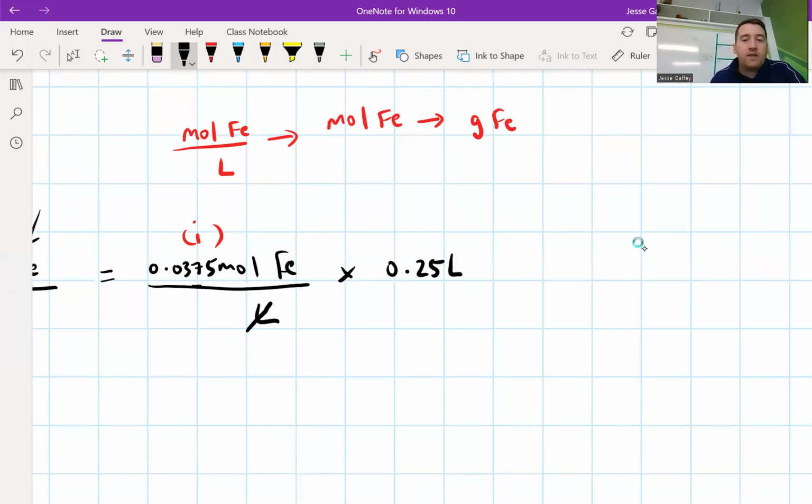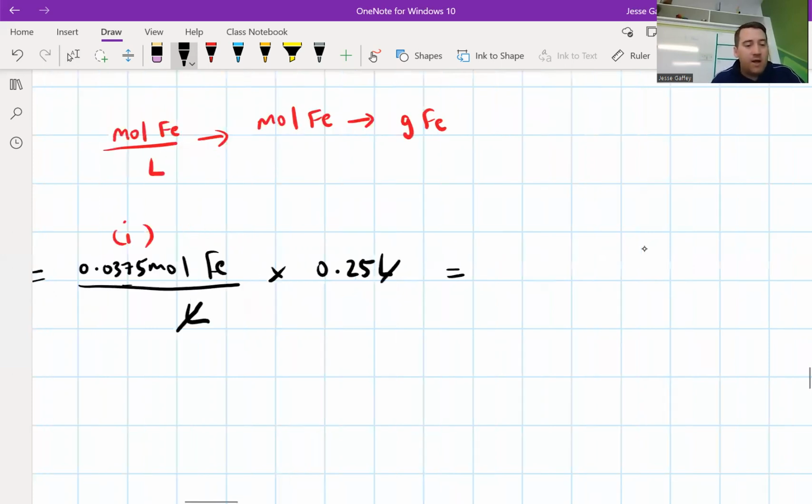That's going to cancel out our liters and leave us with a certain amount of moles. 0.0375 times by 0.25 equals 9.375 by 10 to the minus 3.